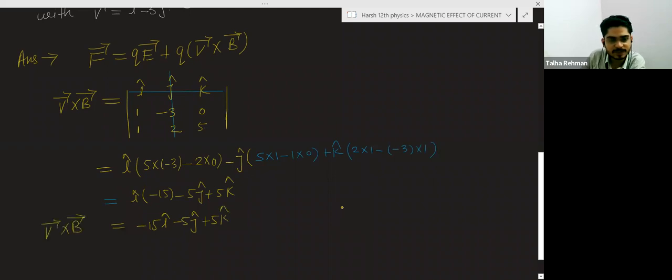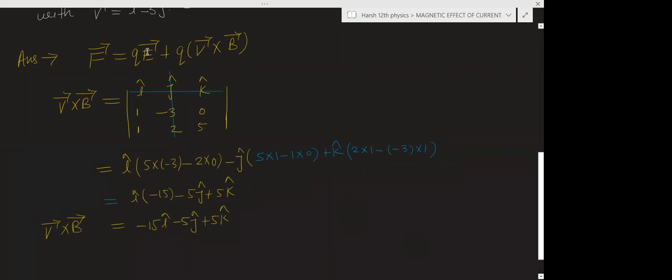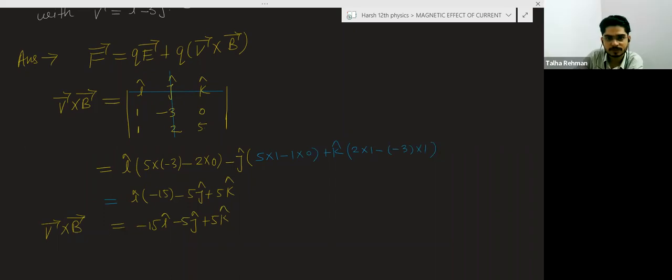Now this question is very easy. You have to put the value of B cross B in this equation, and all the values you can put in the equation number first. So consider this as equation number first and put the values accordingly. Charge is 2 coulomb.